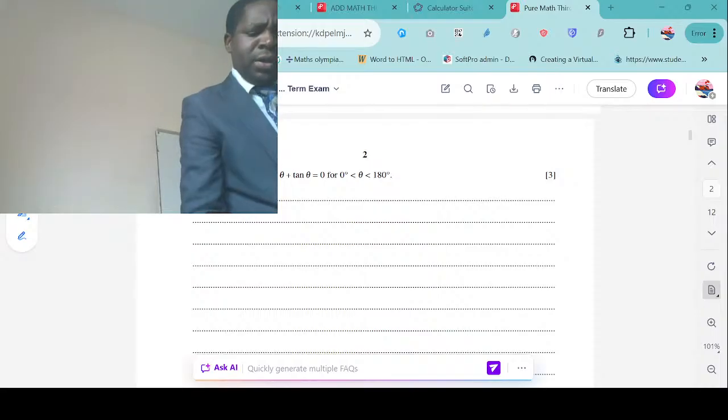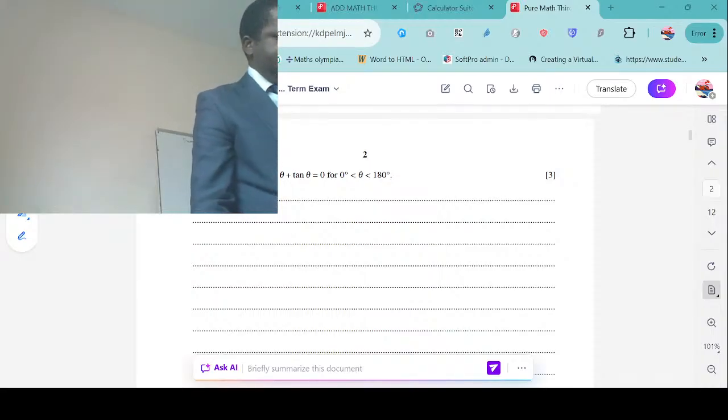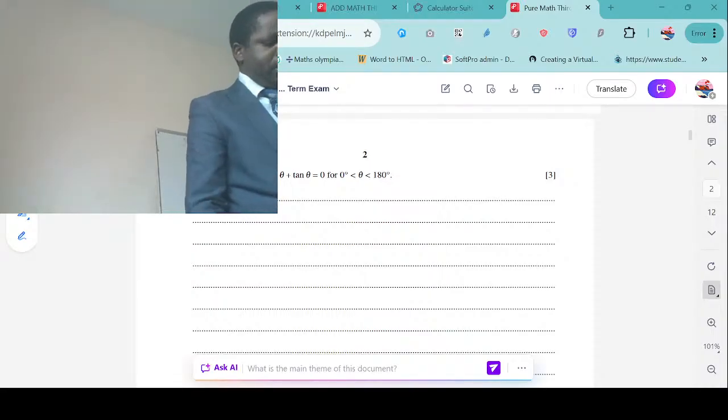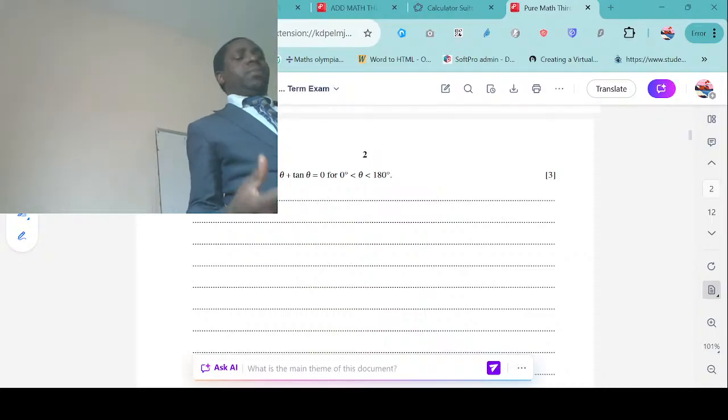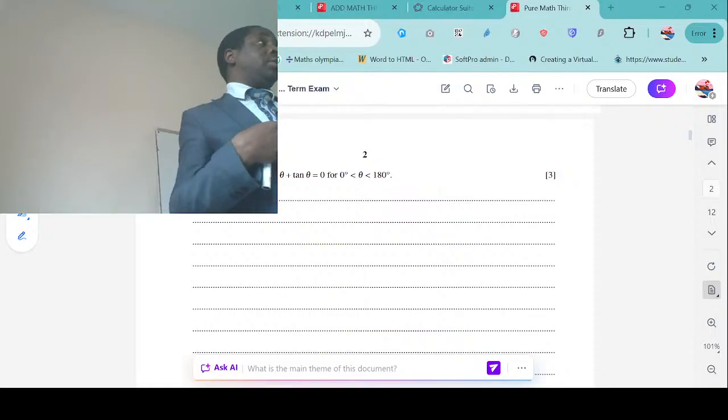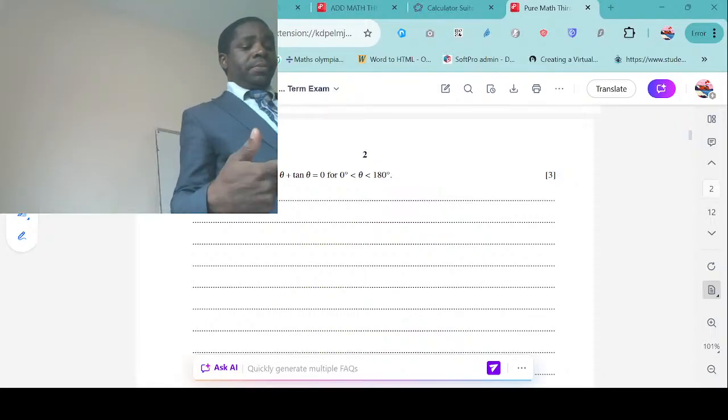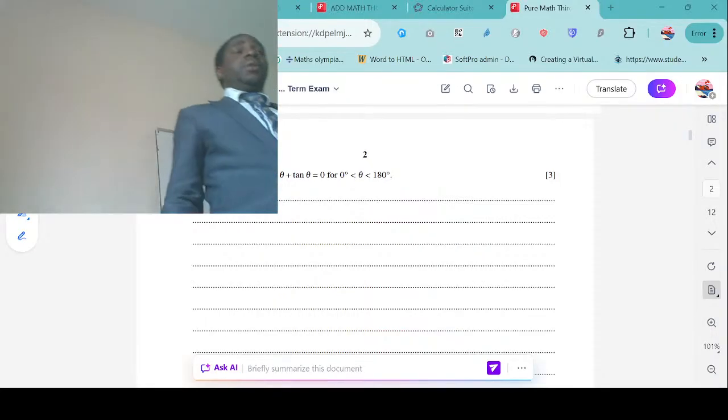Looking at our scheme of work, we have series, differentiation, further differentiation, and integration. So without wasting much of our time, I'm going to go straight into the series because these are very important topics that we need to do.